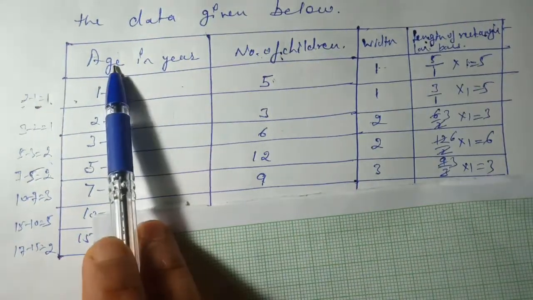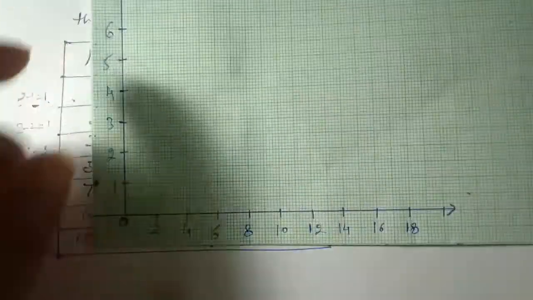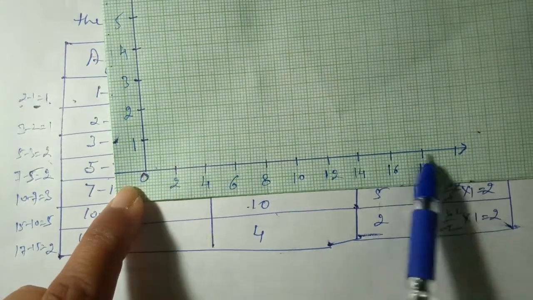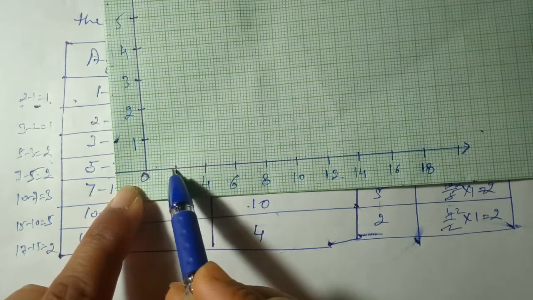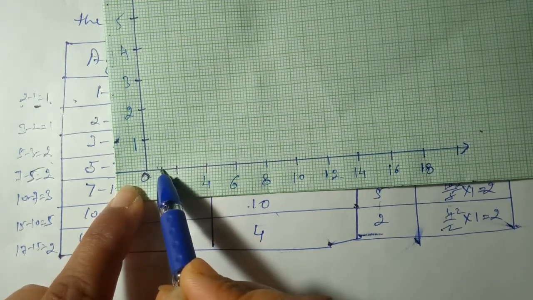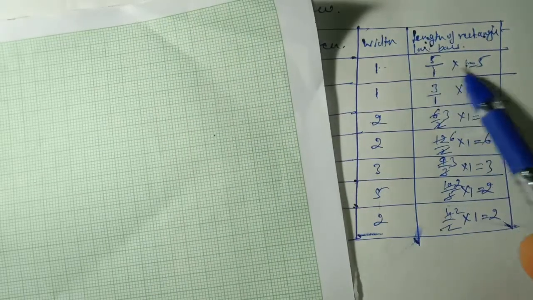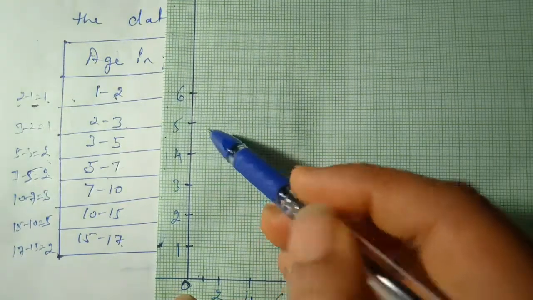First, we have class interval 1 and 2. So let us first highlight where the 1 will lie. This is the x-axis which is showing the class interval. So 1 will lie between 0 and 2. It means the middle point over here. This is 1, this is 2. We have to extend the bar of 1 and 2 up to the height 5. So we have the number 5 over here.